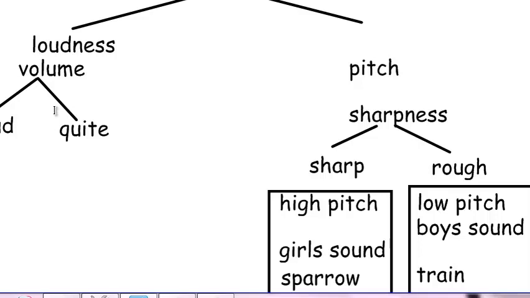Like in case of air column, we vibrate short air column, so we get high pitch sound. If you want low pitch sound, we vibrate long air column. In case of guitar or piano, short strings give us high pitch sound, long strings give us low pitch sound. In case of drums, loose drum give us low pitch sound, while tight drum give us high pitch sound.